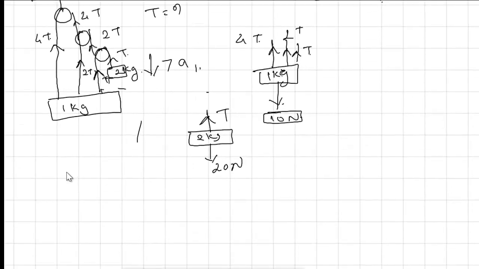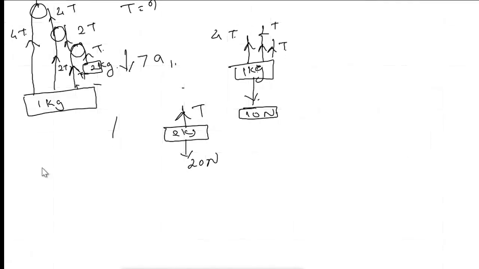For the 1 kilogram mass, 4T acts upward, along with 2T upward, plus T, and minus 10 in the downward direction. That equals mass into acceleration. Mass is 1 kilogram, into the acceleration A, which we already got, acting in the upward direction.